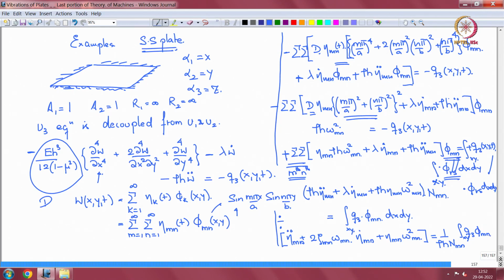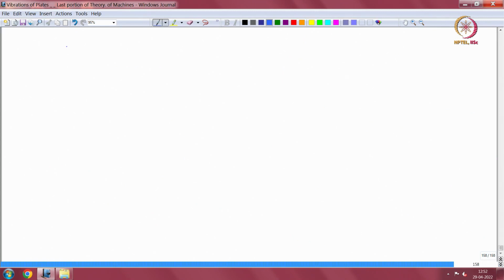Okay, so let's see one more time, let's do this. So what we have is eta mn double dot plus twice zeta mn omega mn eta mn dot plus omega square mn eta mn is equal to 1 over rho h nmn integral xy.